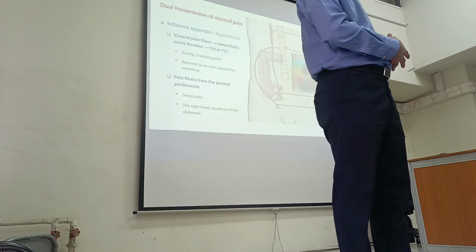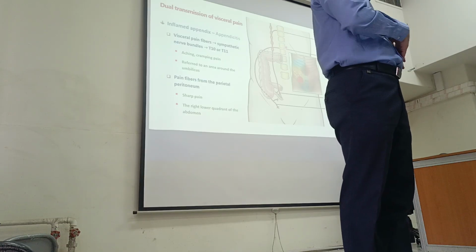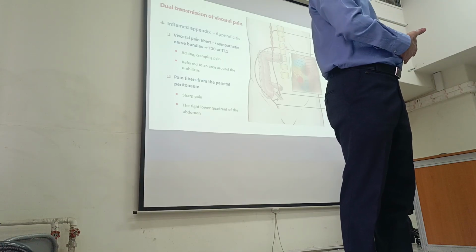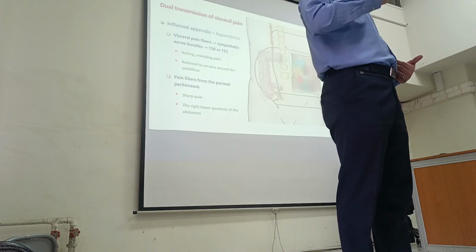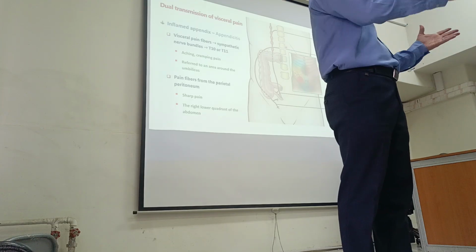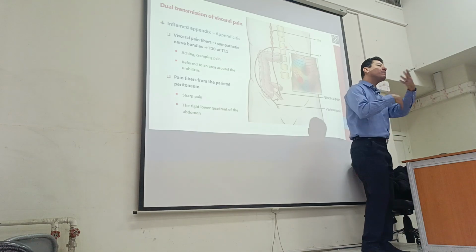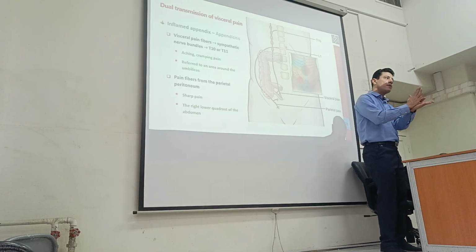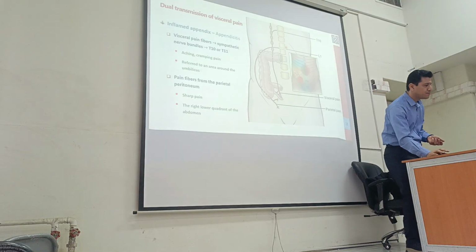So an inflamed appendix causes pain in the parietal layers of the peritoneum. This signal goes to lumbar one and the patient feels a sharp pain here, which is highly localized in this region, right? But the other nerve, through the sympathetic nervous system, sends the signal to thoracic 10 level, here.